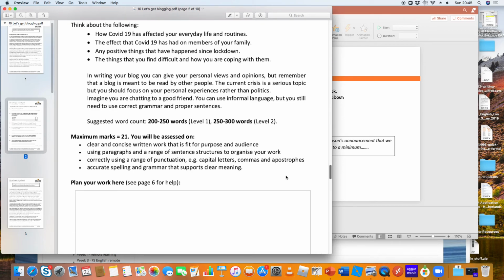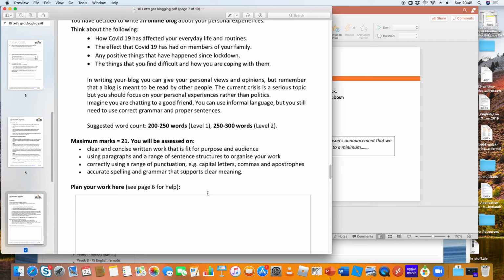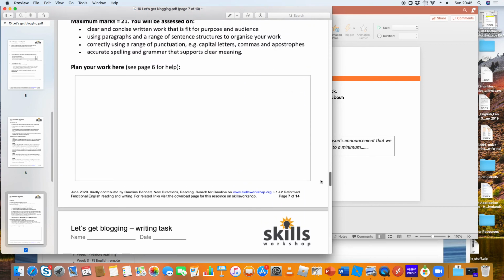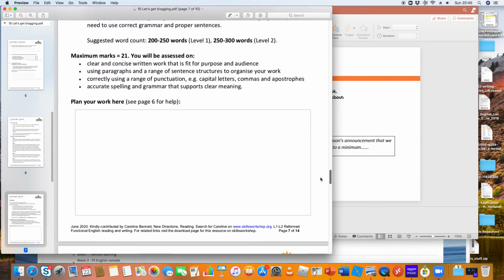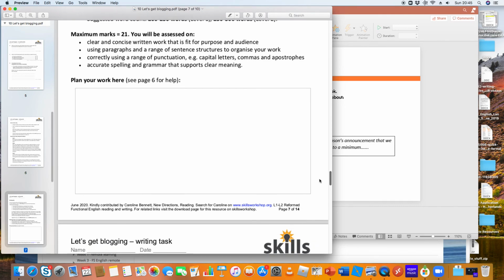So read through the prompts here. You've got some guidance, bullet point ideas of how to approach it and what they'll be looking for. Once you've done that, see if you can write up the whole answer.